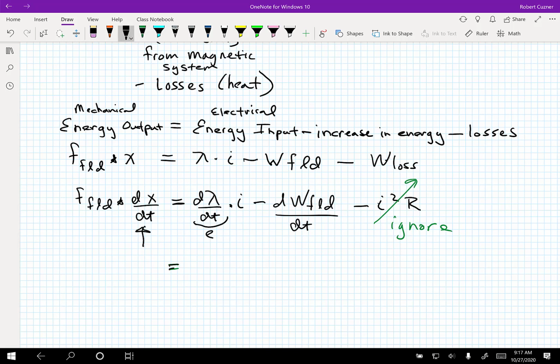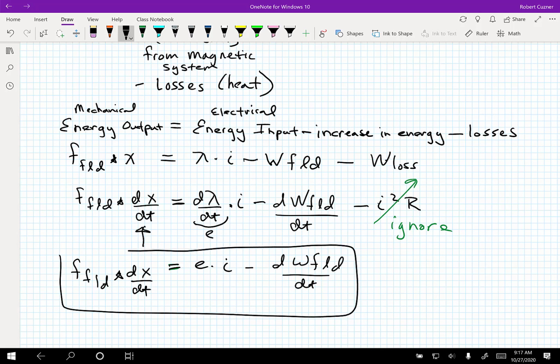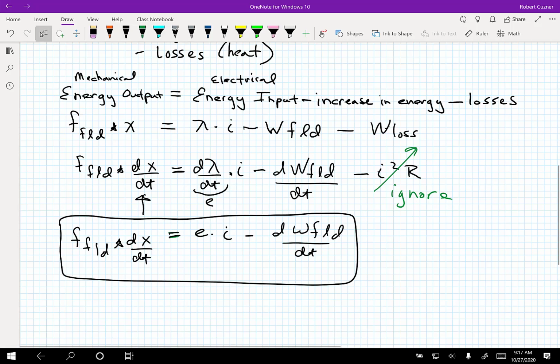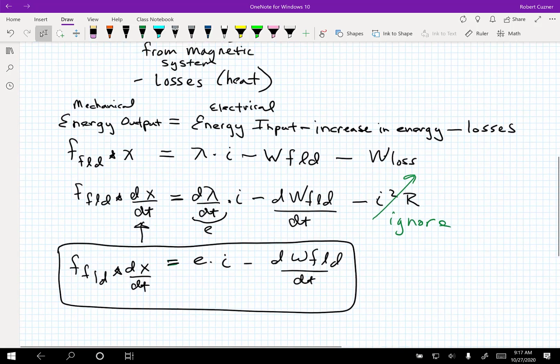So we have E times I minus this derivative of the magnetic energy with respect to time is equal to the force times the derivative of the position with respect to time. And that's what we have if we have an actuator.